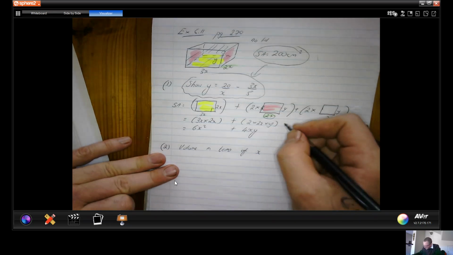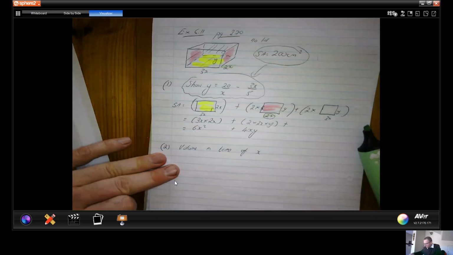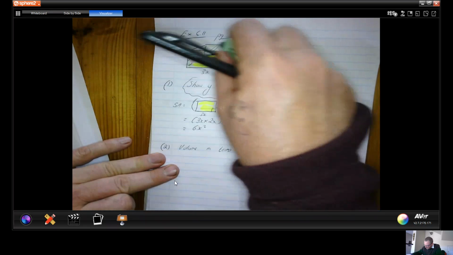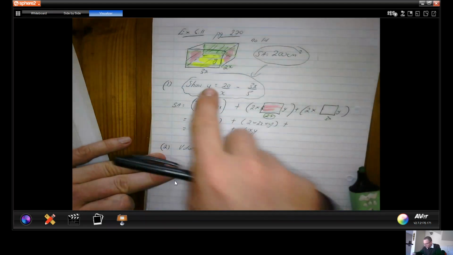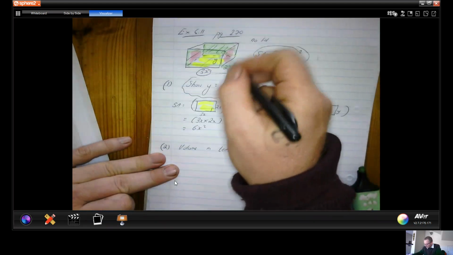So that's plus 4xy for the two on the side. And then the two in the front, this one at the front and the one parallel to it at the back, have dimensions 3x times y.